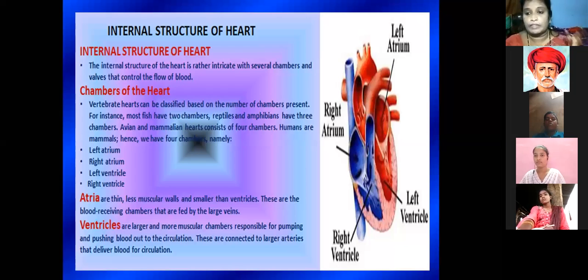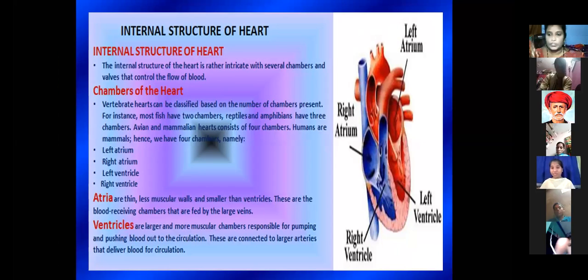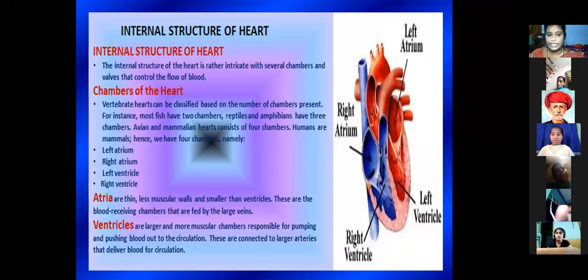Different kinds of living organisms are there in our surroundings. For example, human beings have four chambers: left and right atrium, left and right ventricle. The main purpose is pumping blood through all parts of the body.